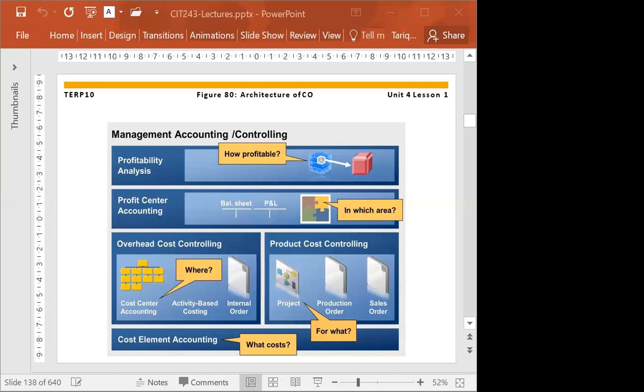For example, you have some kind of exhibition. This exhibition is like an event of 1 or 2 or 3 days. So what you can do is create an internal order for that exhibition. Any cost that happens, you just pass on to that internal order.